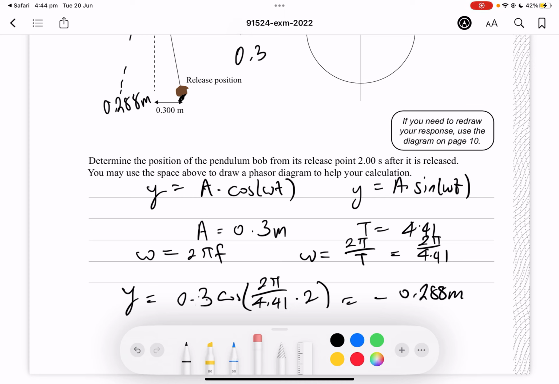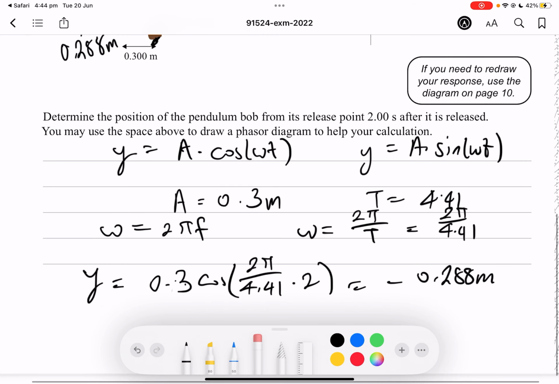But it will mean the exact same thing in terms of context. The pendulum is 0.288 meters on the other side of the release position. So just keep that in mind. That's how you would interpret your answer. The negative just means it's on the other side in this case.